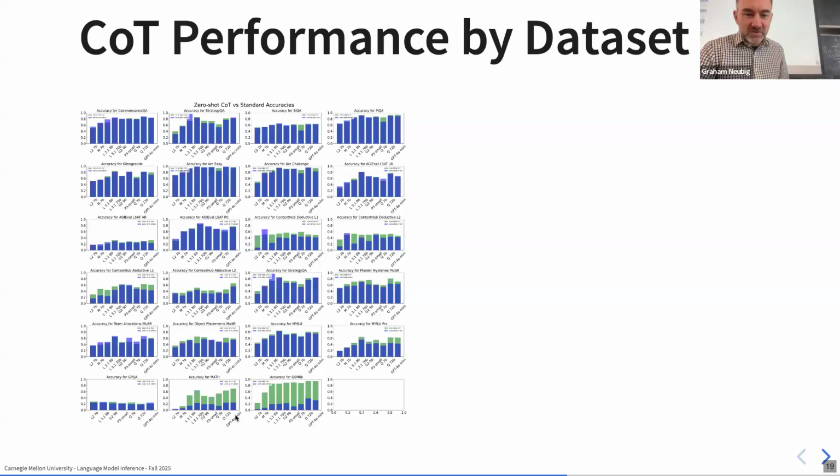In green is chain of thought and blue is non-chain of thought. And what you can see is there's a huge gain on things like math and deductive reasoning and much less impressive gains on a lot of the others.